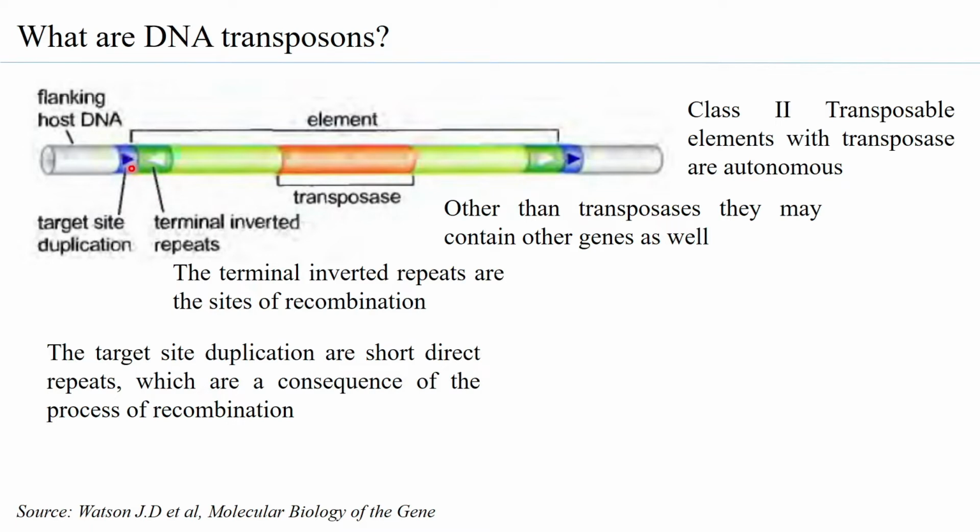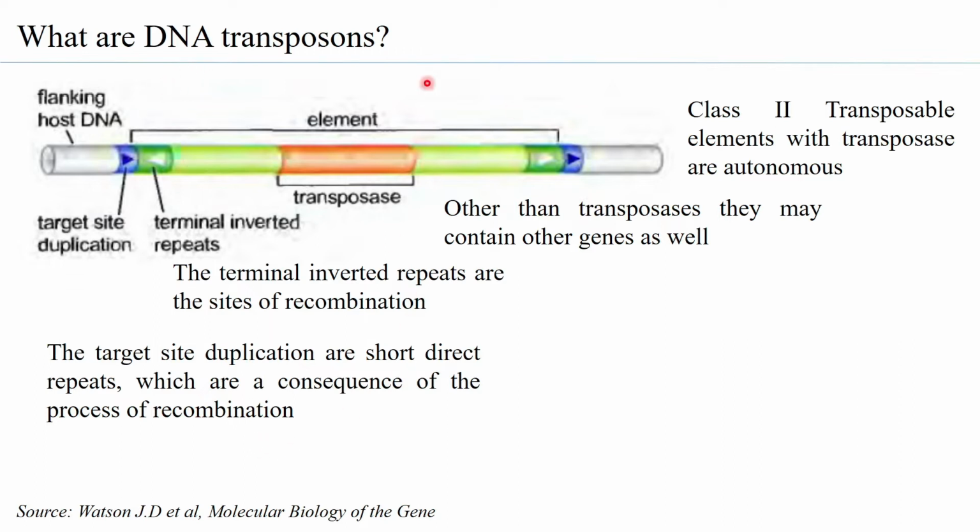Whereas the target site duplications are direct repeats, and they can be as short as 2 nucleotides, or 9 nucleotides, or 5 nucleotides, but they are not very long. And they are formed as a consequence of recombination.